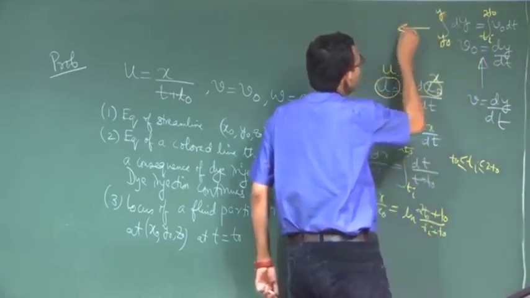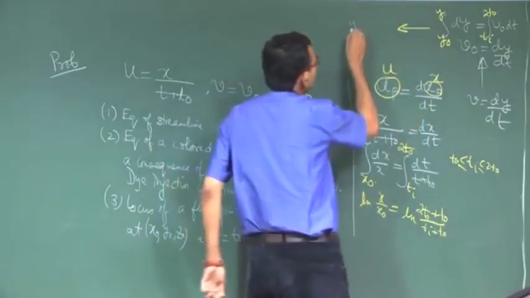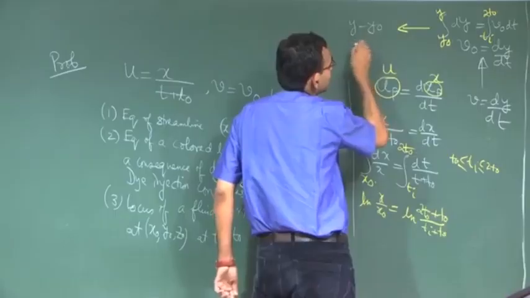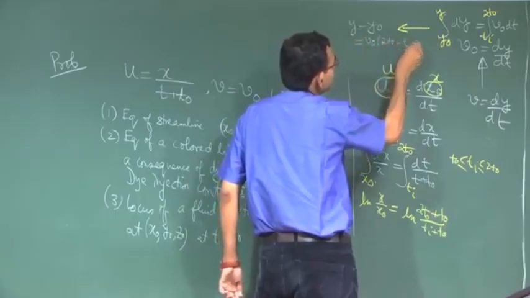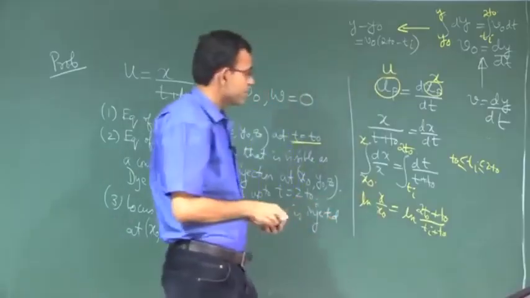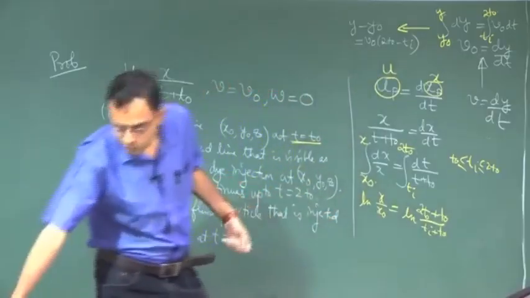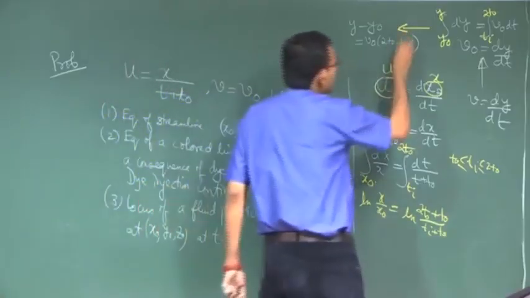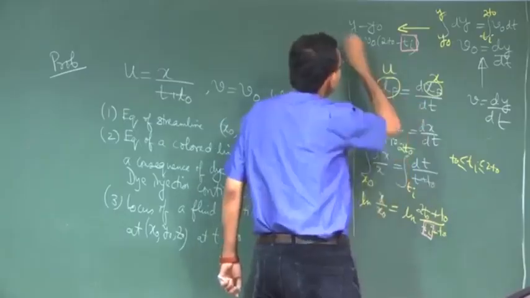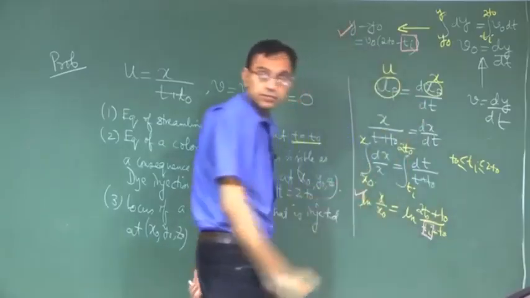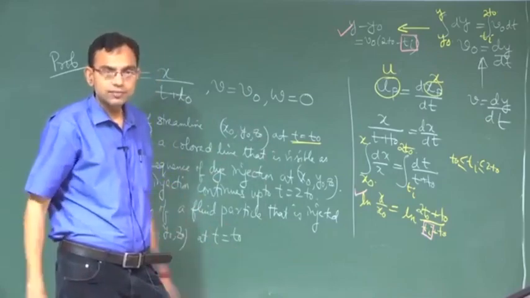So this will give you y minus y0 is equal to v0 into 2t0 minus ti. So what you can simply do is you eliminate this ti from these two equations, and that will give you the locus, right.